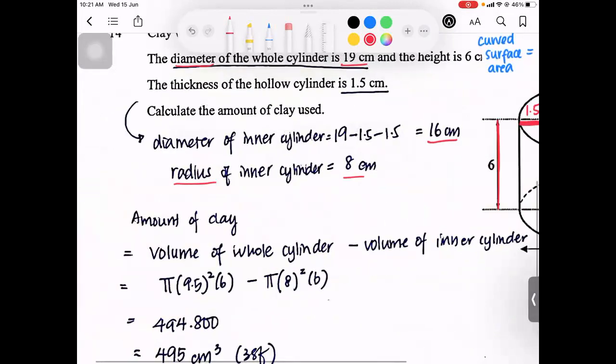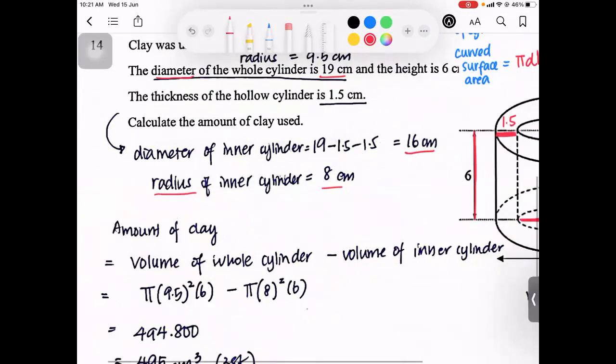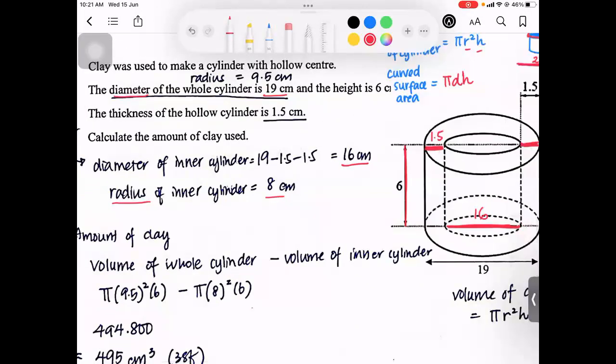If I want to find the amount of clay used in this case, I need to take the bigger cylinder, the whole thing, and cut out the inner portion. So I need to subtract away this volume. Please bear in mind, when we have volume, if you cut out something, volume decreases.